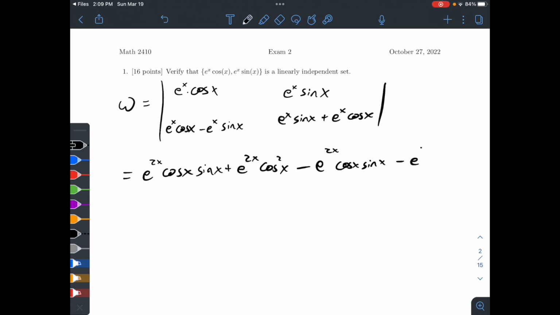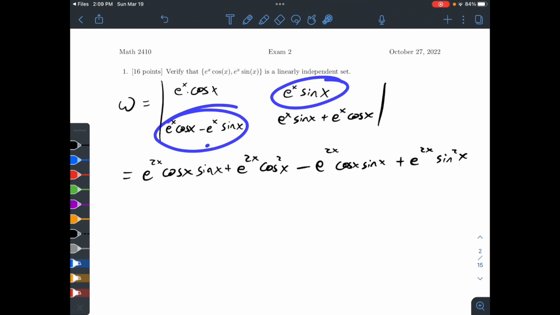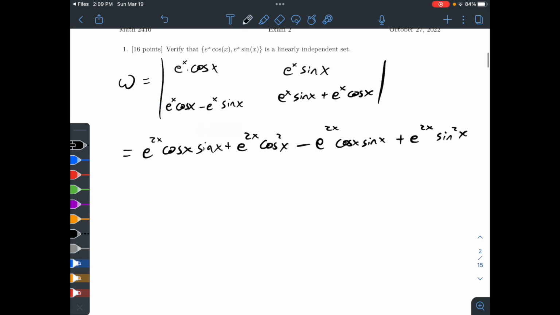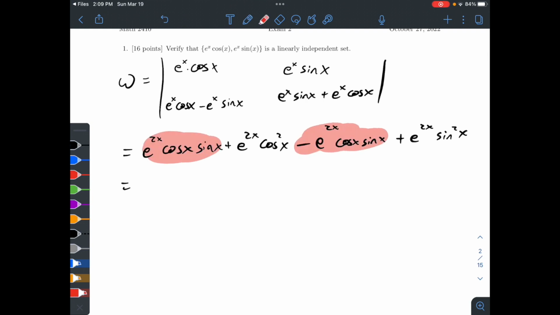But this is going to be a double negative, so it's minus the negative of e to the 2x times sine squared of x, because remember we're subtracting this times this, so both of these terms should be flipped in sign. And then we notice that this and this cancel, and we're left with e to the 2x times cosine squared plus sine squared. And I'll factor out the e to the 2x.